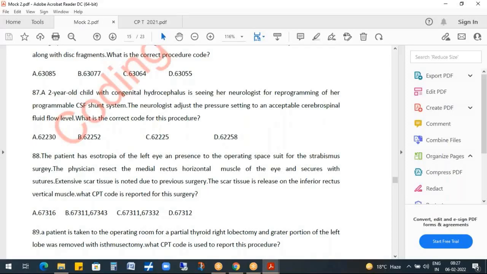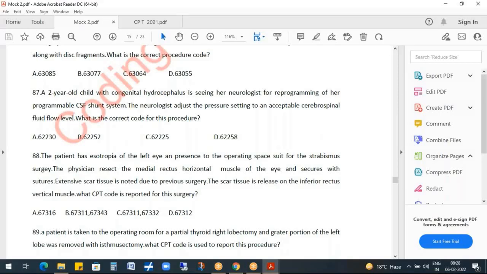The physician resects the medial rectus muscle of the eye and secures with sutures. That comes under 67311. Is that clear, everyone? Then extensive scar tissue is noted due to previous surgery. Where is the scar tissue, on the same affected muscle or a different muscle? Different muscles, right? Then if it is a different muscle, only 343 is the right answer.